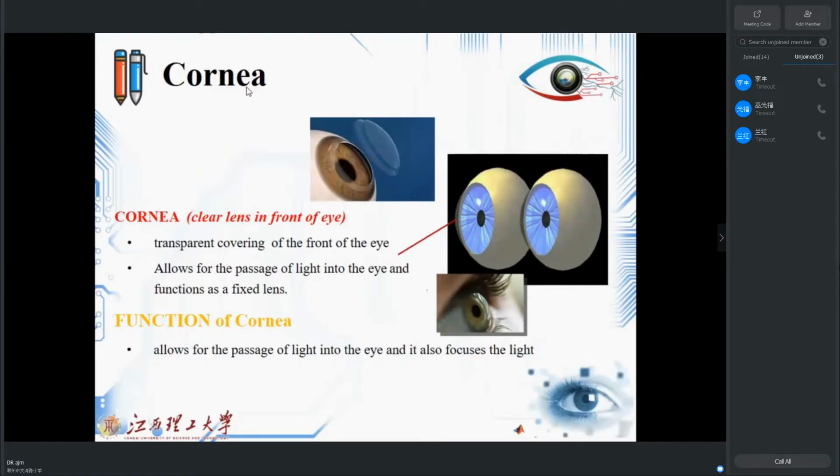Along with passing light into our eyes, it can also focus the light for our eye.